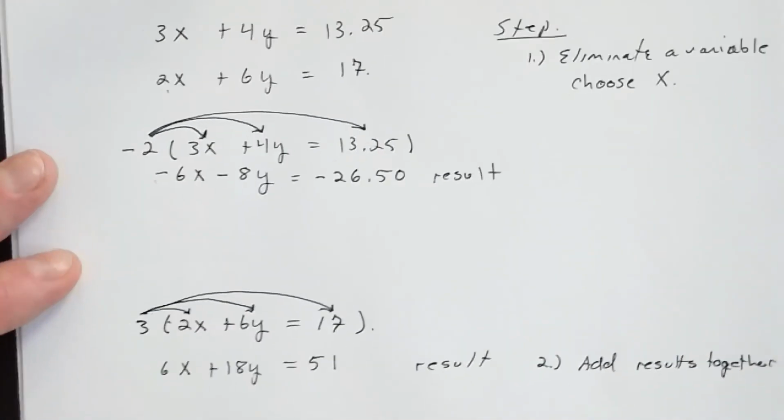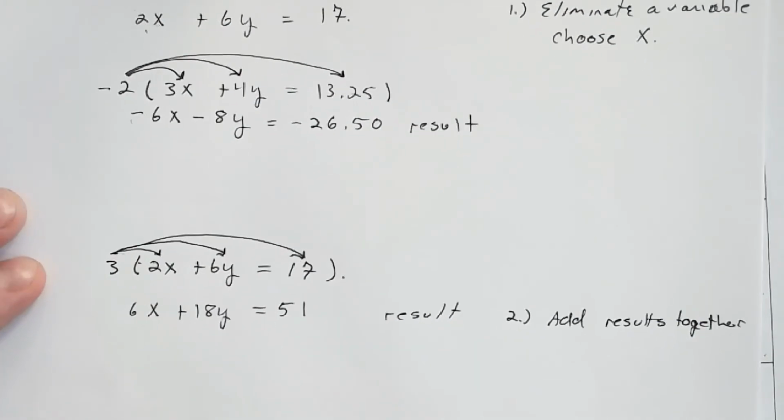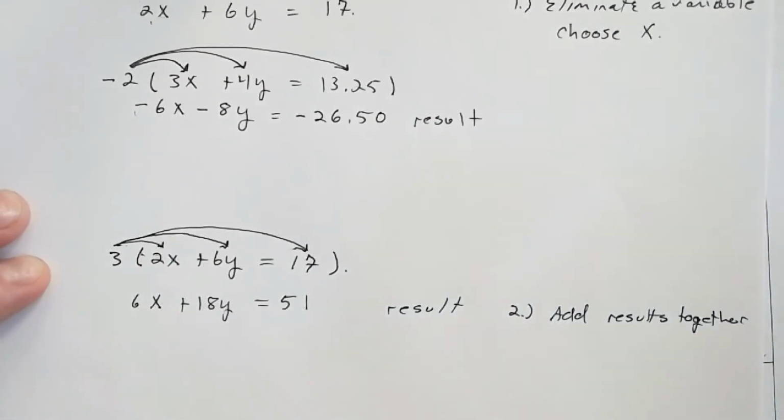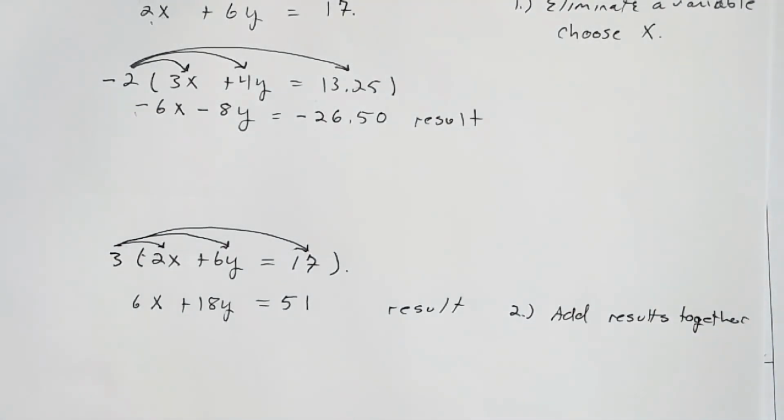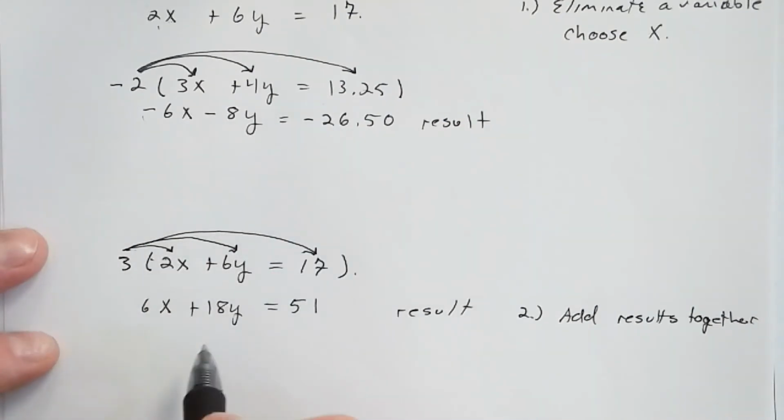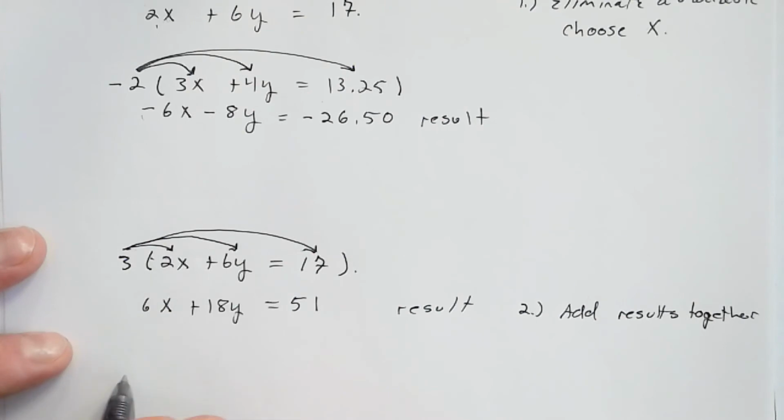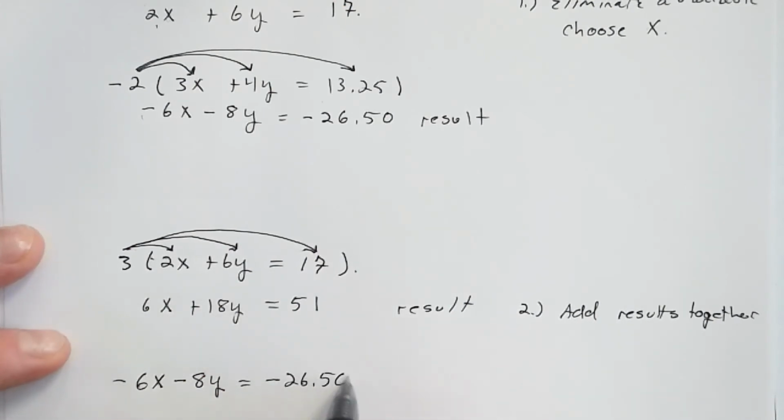So add the results together. And when we add the results together, we have minus 6x minus 8y is equal to negative 26.50.